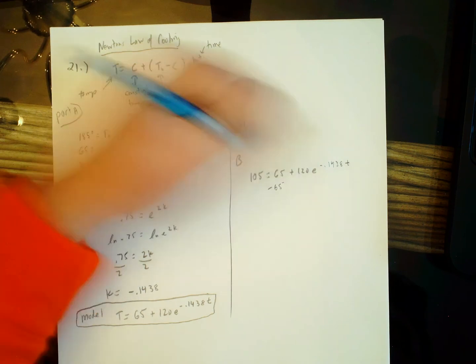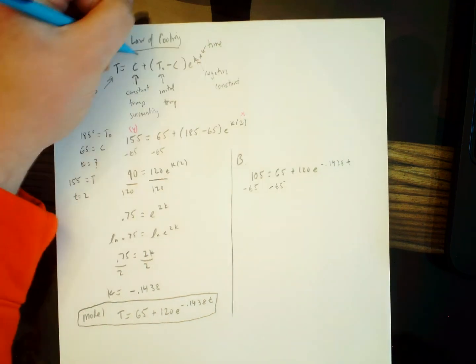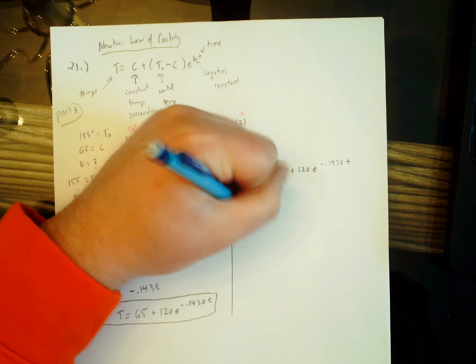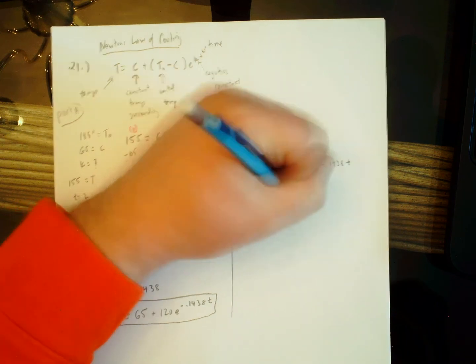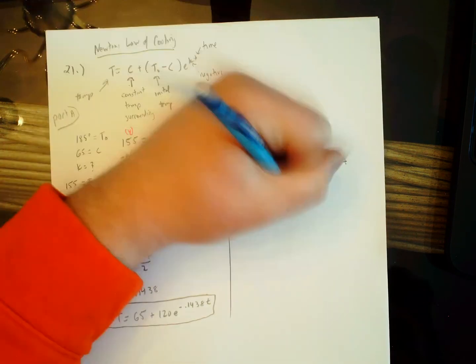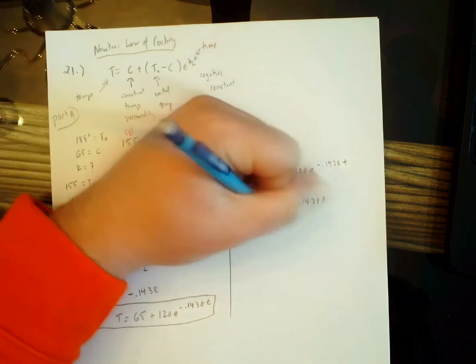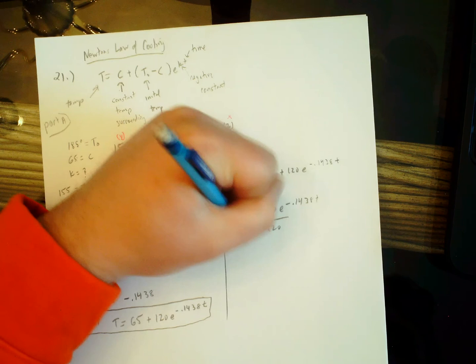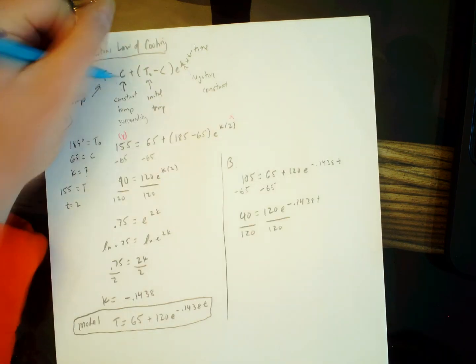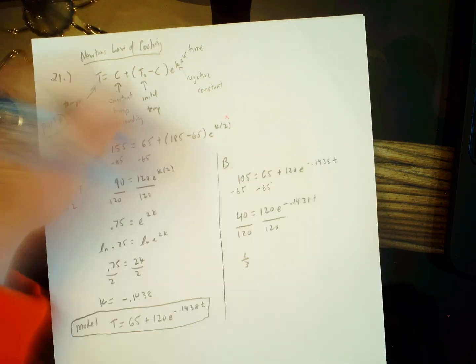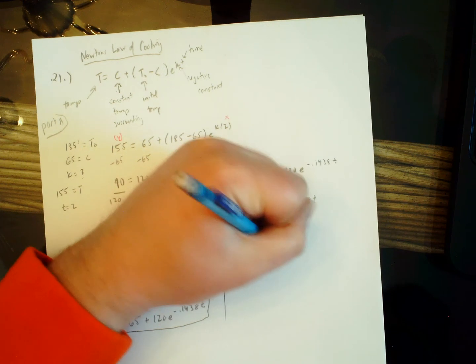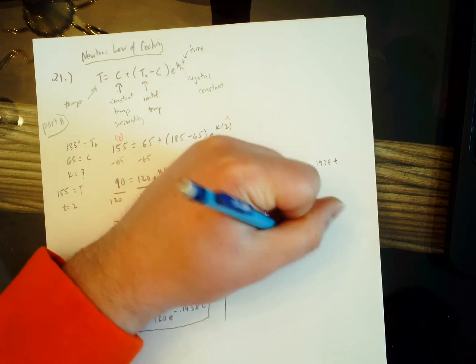And we're going to solve, minus 65, minus 65. That's 40 equals 120 e to the negative 0.1438 t, divided by 120, divided by 120. That's a third. 1/3 equals e to the negative 0.1438 t.